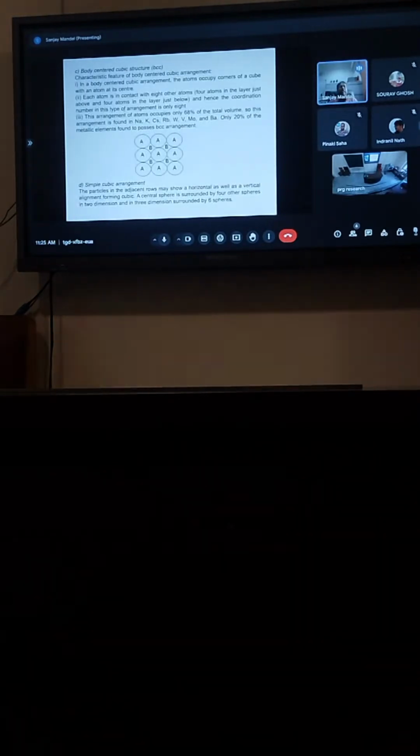Now, body-centered is where the atoms occupy the corners of a cube with an atom at its center. You will have a little bit more about this drawing when I cover the cubic system. In this case, the coordination number is 8, and you can see 68% is the total volume occupied, and therefore you have 32% empty space.